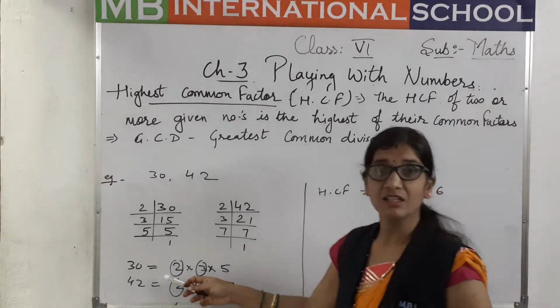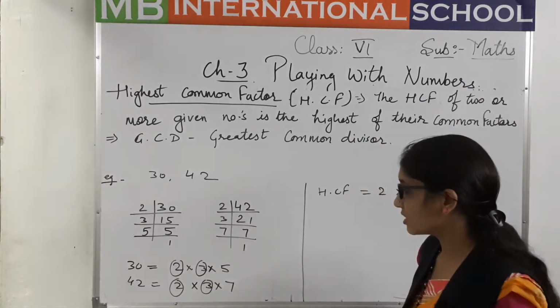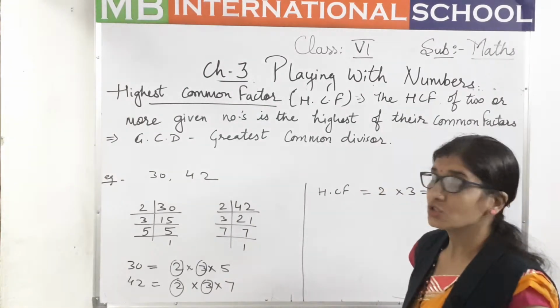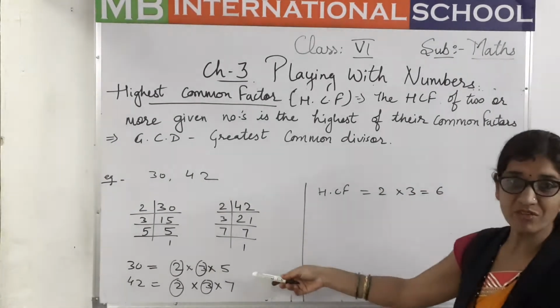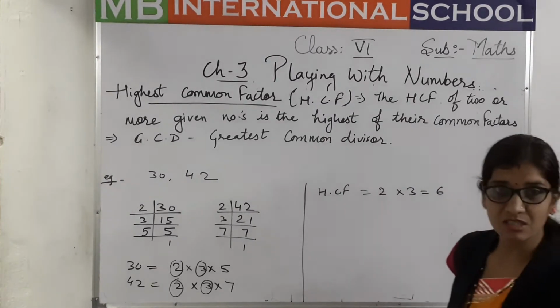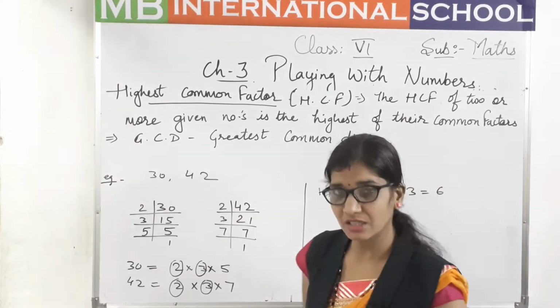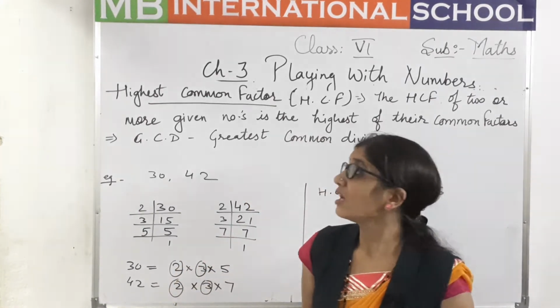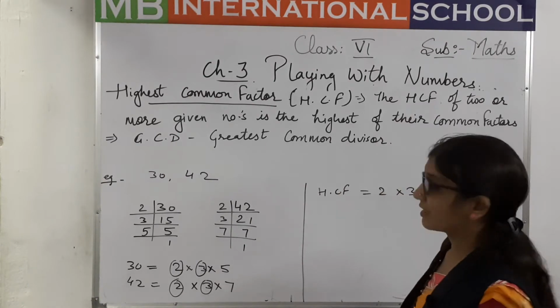We take the common factors from both these numbers, that is 2 and 3 are common in both. Multiplying the common factors, we get the answer 6. So we can say the HCF of 30 and 42 is 6.